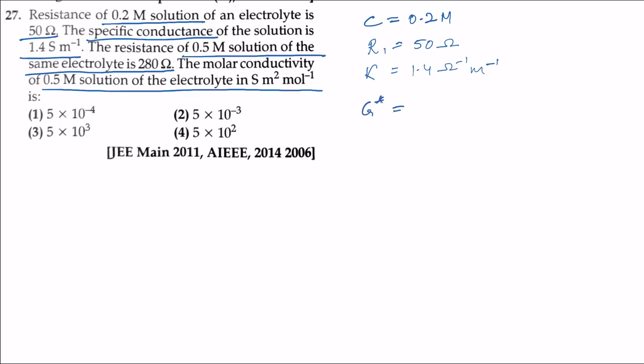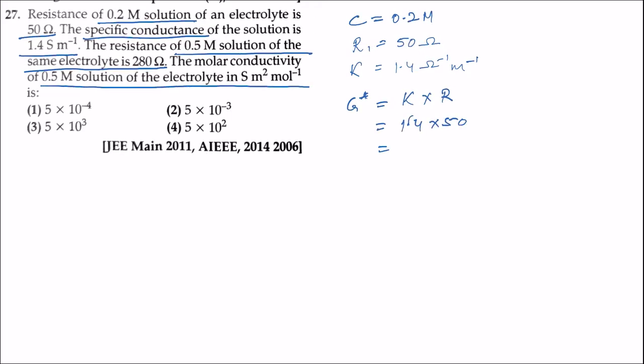Cell constant is equal to specific conductance multiplied by resistance. So this is equal to 1.4 into 50. This can be written as 14 divided by 10. The 0s cancel, 14 fives are 70. So this is 70 per meter. This is the cell constant.